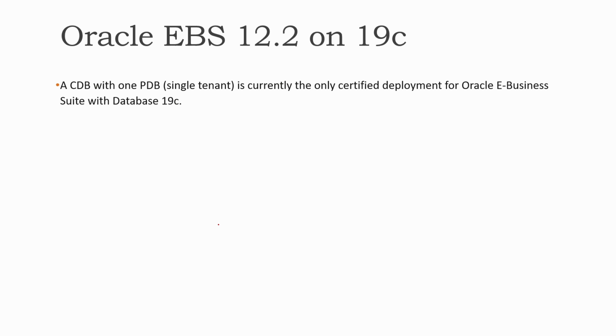A CDB with one PDB, single tenant, is currently the only certified deployment for Oracle EBS. Now I'm coming towards Oracle EBS. As far as I can see, till now I'm not able to see a real benefit for Oracle EBS to be multi-tenant. But yes, moving to multi-tenant is good, because for the next upgrade you might need it, since it is only providing a single PDB.